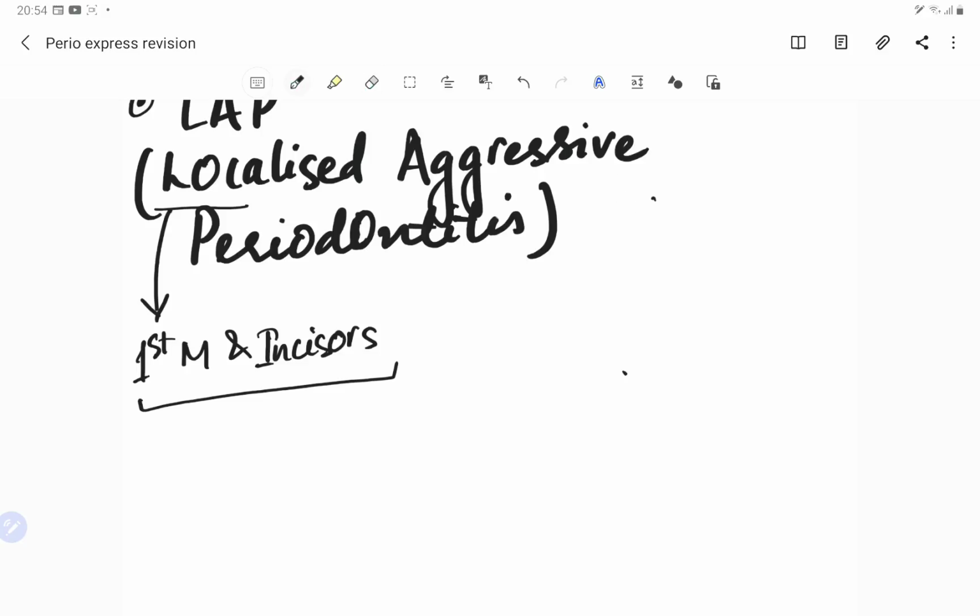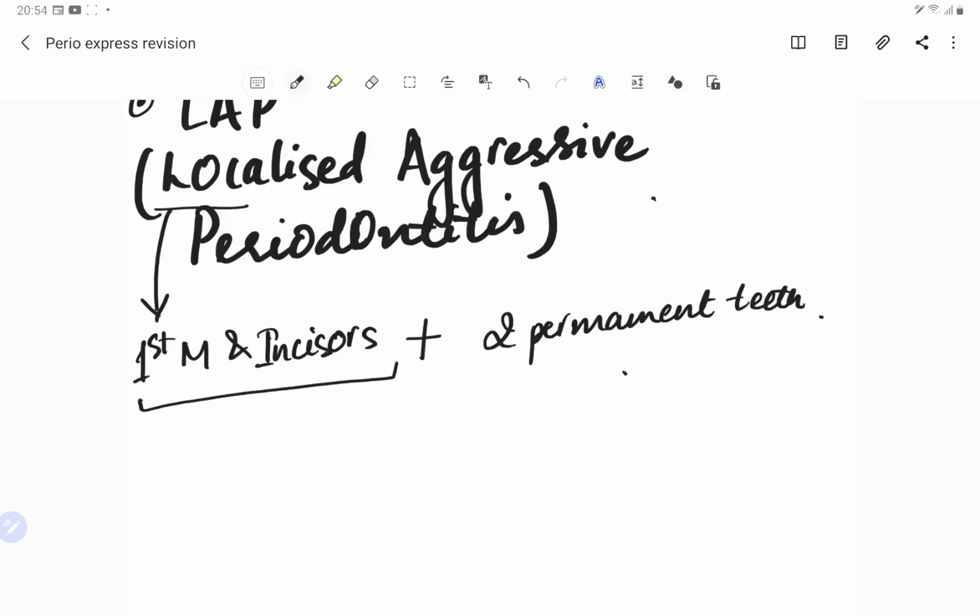Along with that, there can be interproximal attachment loss on at least two permanent teeth, one of which is a first molar, involving no more than two teeth other than the first molars and the incisors. So this is localized.